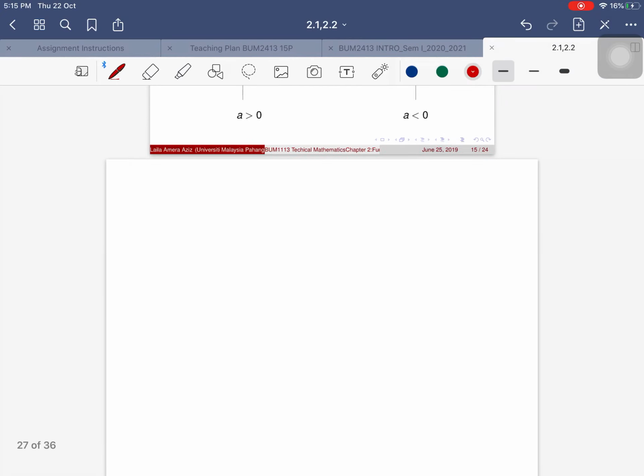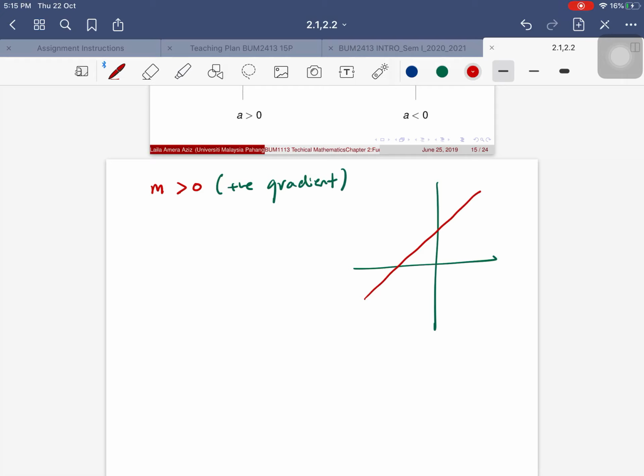Okay, there are three possible values of m. m could be greater than 0, when you have a positive gradient. When you have a positive gradient, it means your graph is increasing. For example, this is my graph. How do you know whether your graph is increasing or not? This is the x and y axis.